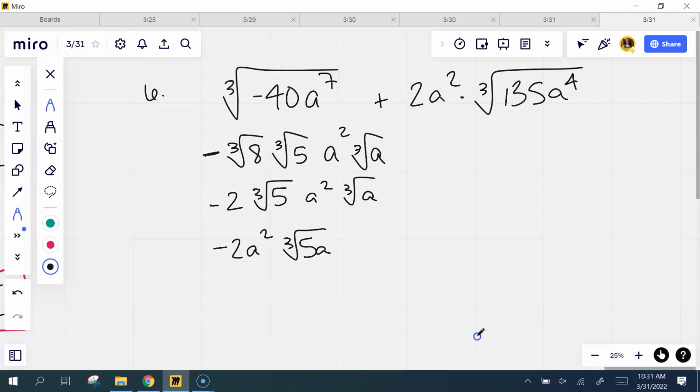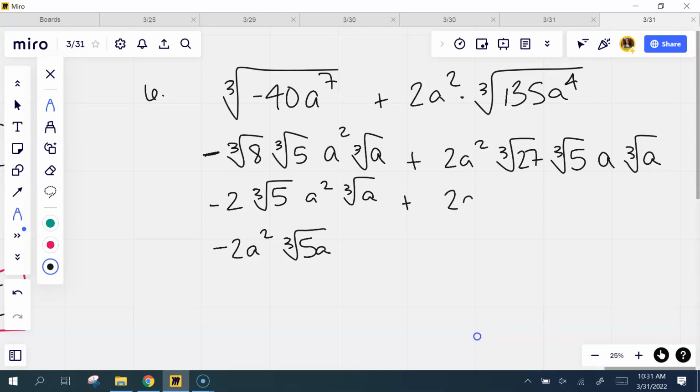27 and 5. So I've got 2a squared, 27, 5, and how many times does 3 go into 4? 1, and how many are left? 1. Two a squared.